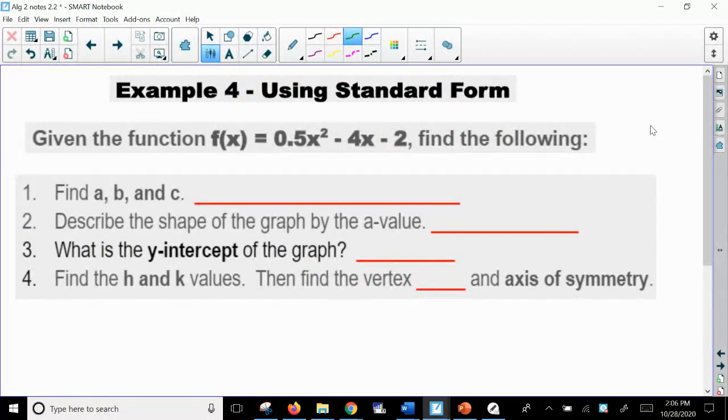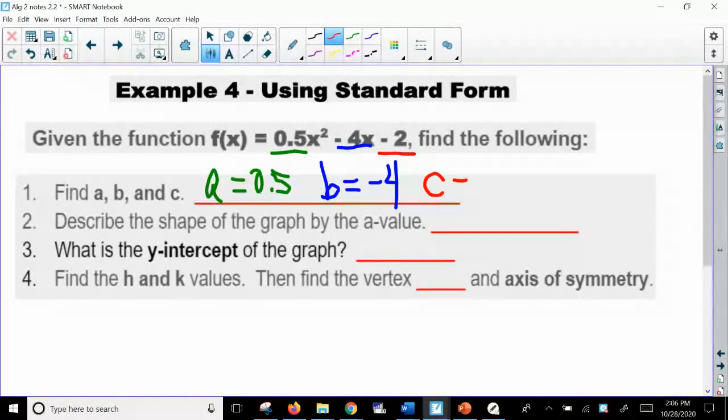Okay, so again, find A, B, and C. Here's A. A is 0.5. Here's B. B is negative 4. And here's C. C is negative 2. Describe the shape of the graph by the A value. The A is 0.5.